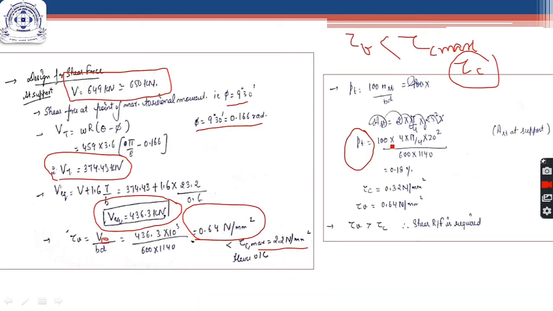So you can calculate the percentage of reinforcement as 100 into 4 pi by 4 into 20 square upon 600 into 1140. So for Pt is equal to 0.18% and grade of concrete as M30, you can find out the tau c from your tables of IS 456, and now we can compare tau c with tau v. So as tau v is greater than tau c, therefore shear reinforcement is required.